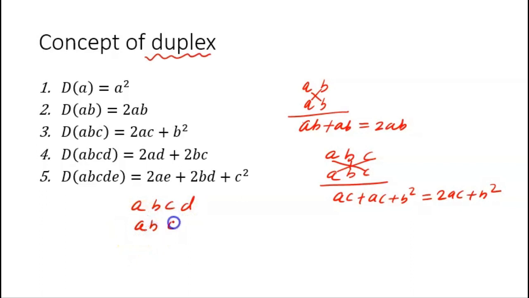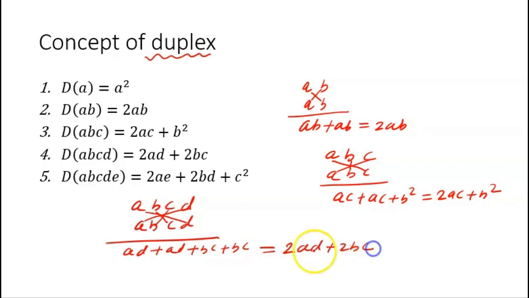You write one number below the other, and then do the cross multiplication. A into D, AD, and A into D, AD, and here you multiply B to C and B to C, so you get BC plus BC. So the final answer is 2AD plus 2BC.